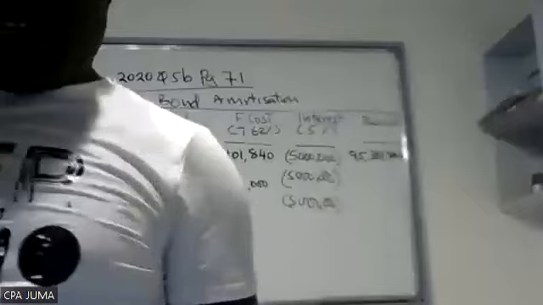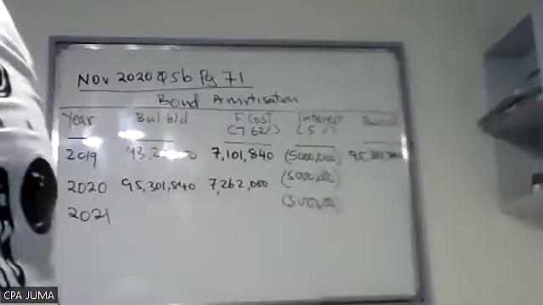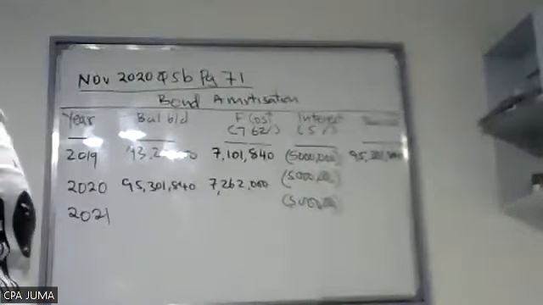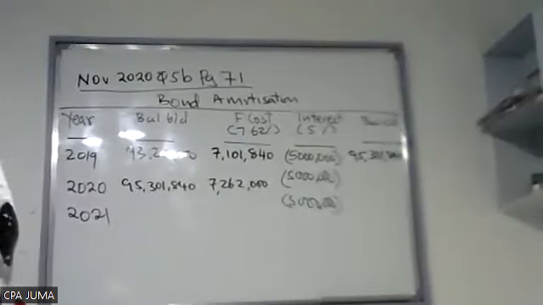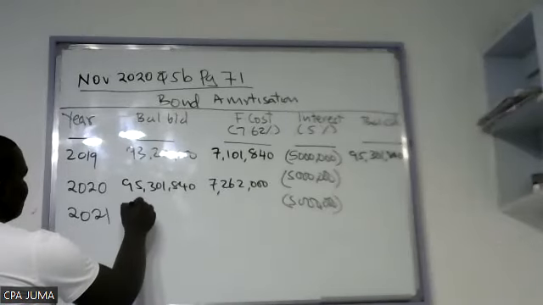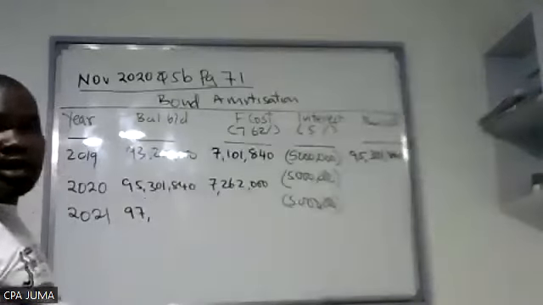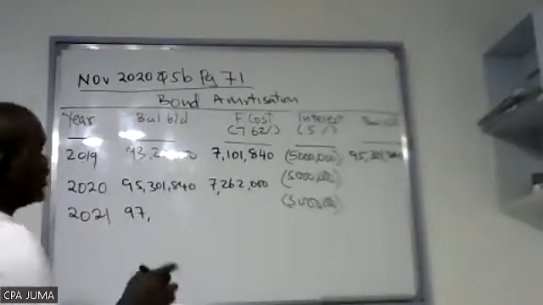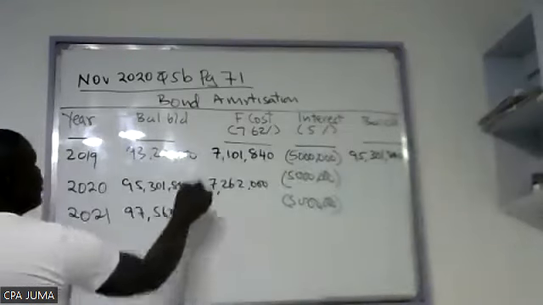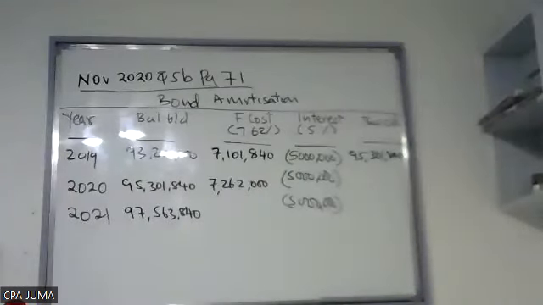How much is the amortized at the end? $97,563,840. 7.62% of that.